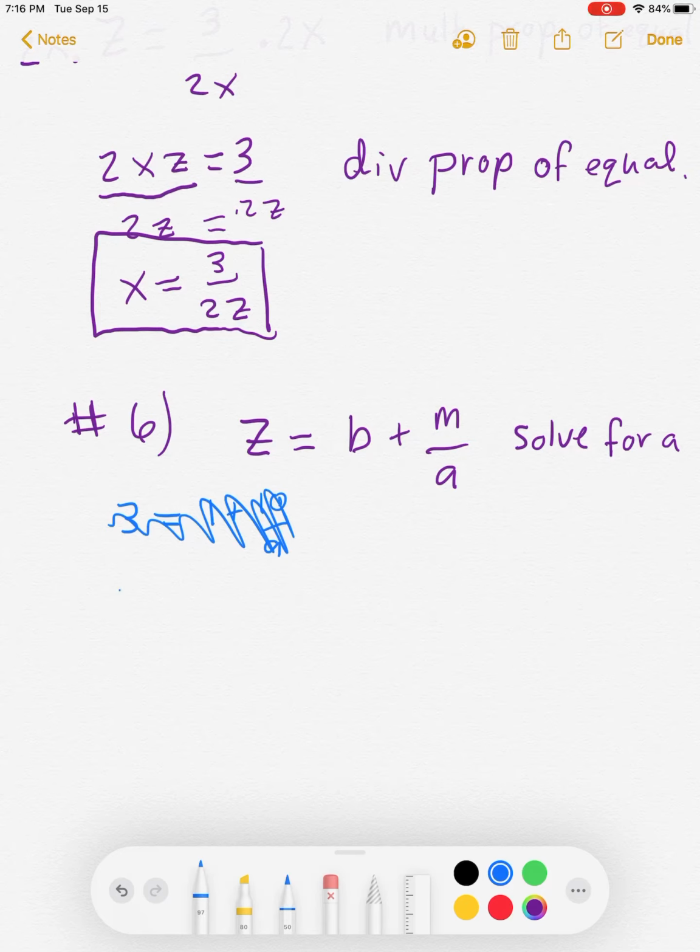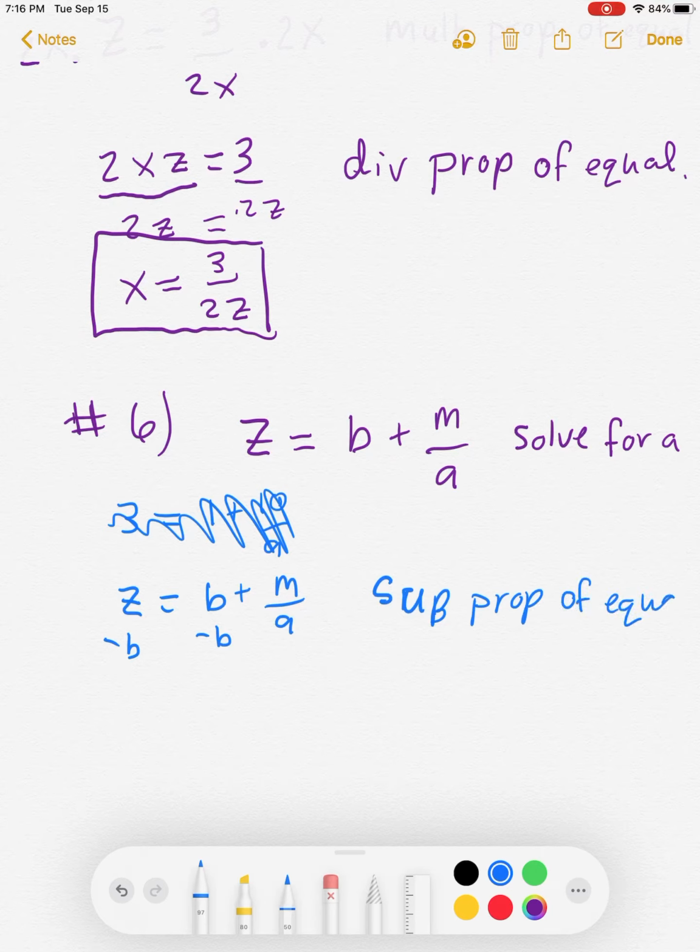Let's get z equals b plus m over a, subtract b, that's a subtraction property. We end up with z minus b equals m over a.